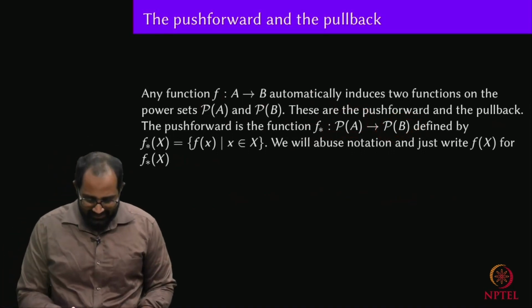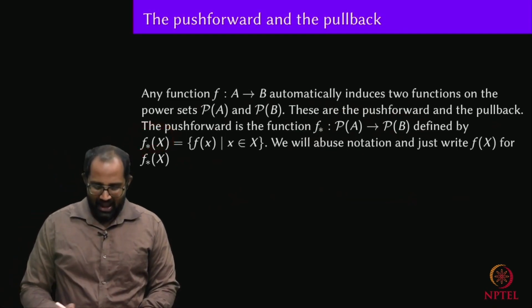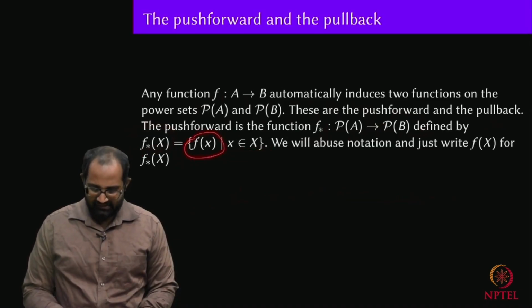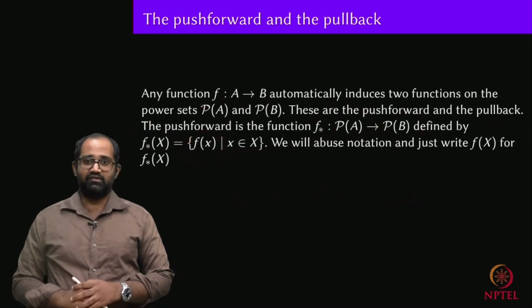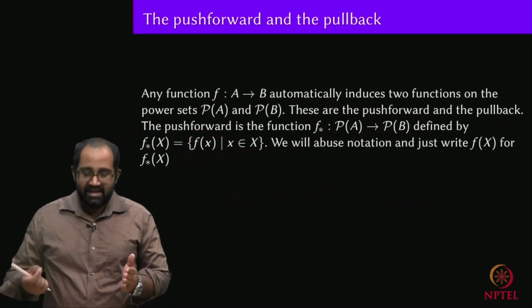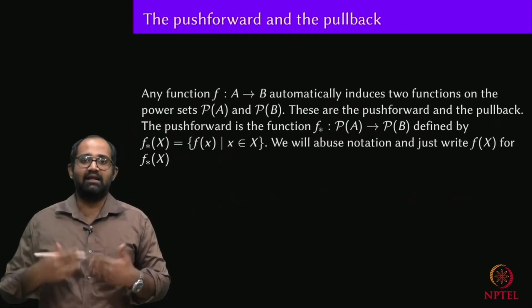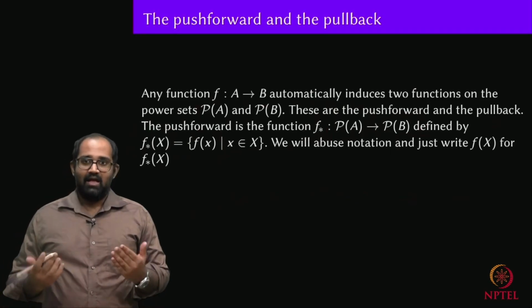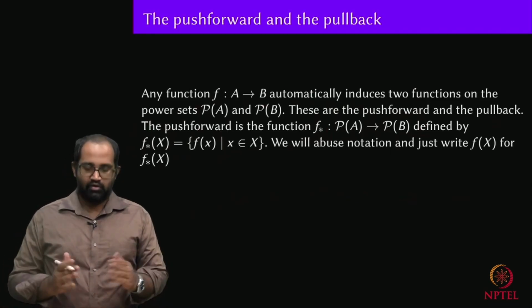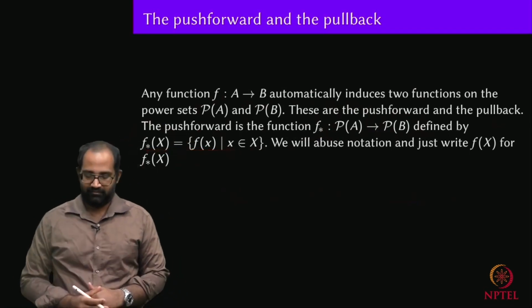Well, it eats a subset X and it maps it to the set f of x as x ranges through X. So, what you do is you feed elements of capital X one by one to f, that will give you elements of capital B. Those elements you collect together in a set, call that f lower star X.